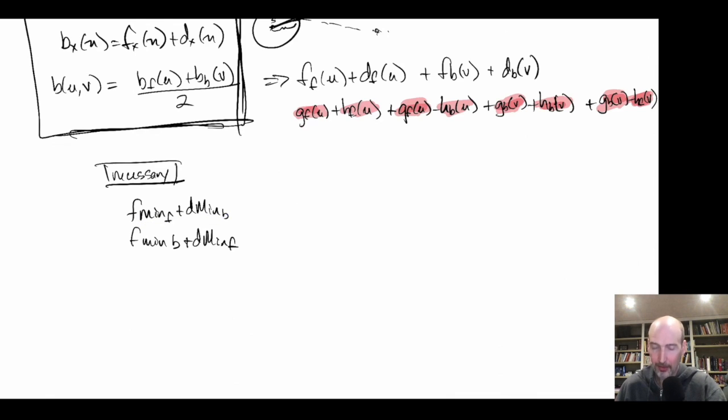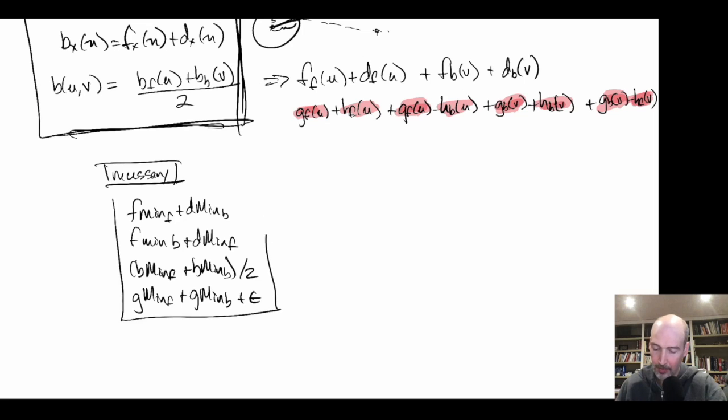I can also get B min in the forward direction and B min in the backwards direction divided by 2. And then I can also get G min in the forward direction and G min in the backwards direction plus epsilon, whatever it's going to take to connect these states. So all of these together are giving me an estimate of C star.